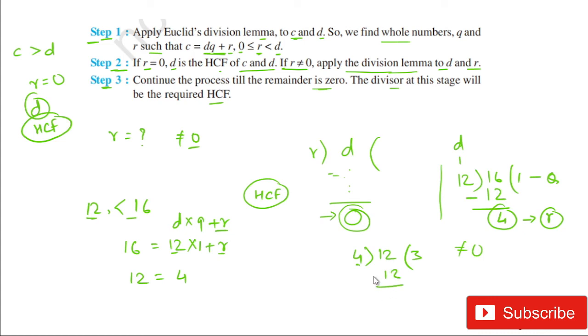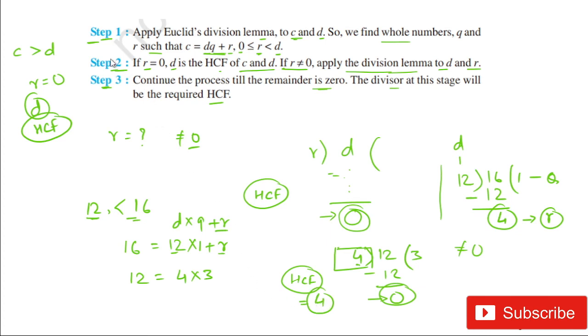Now we subtract, the remainder will be 0. So we write 3 and remainder is 0. And this is the final divisor, since we have got remainder as 0. So this is our HCF, so the HCF of the two integers 12 and 16 will be 4.